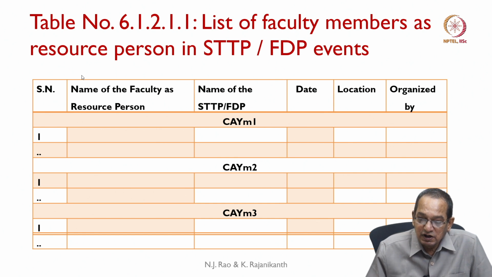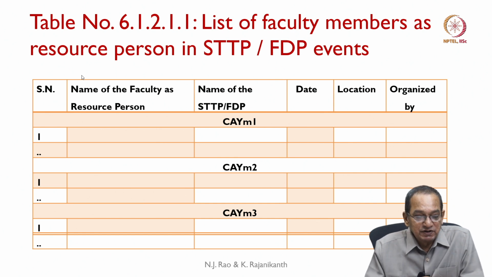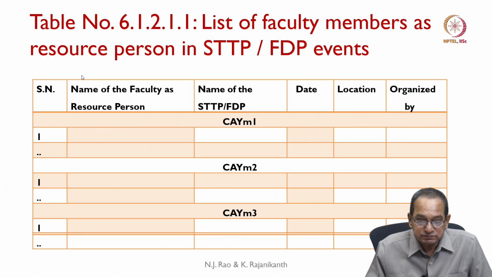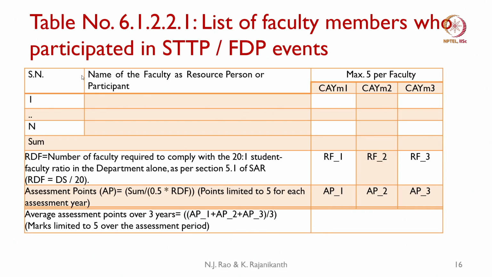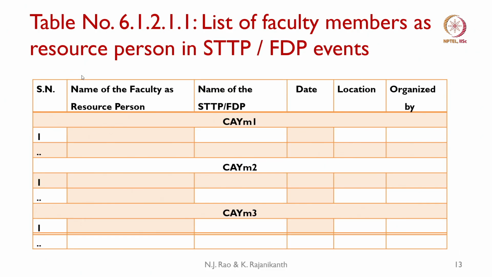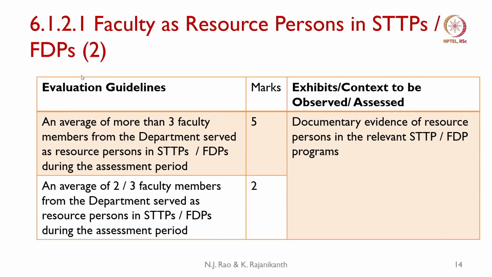So, have adequate documentary evidence and list all the faculty, and this is as resource person. Similarly, as participants, a similar table. Participant information is provided. So this is as a resource person for 3 years: CAY-1, CAY-2, CAY-3. So the evaluation guidelines for both is just documentary evidence.